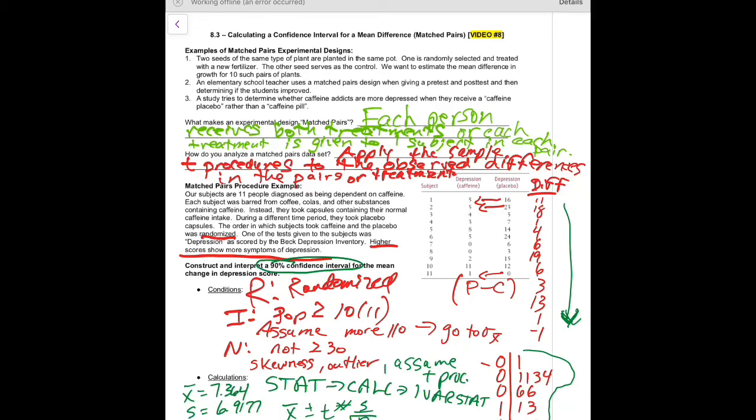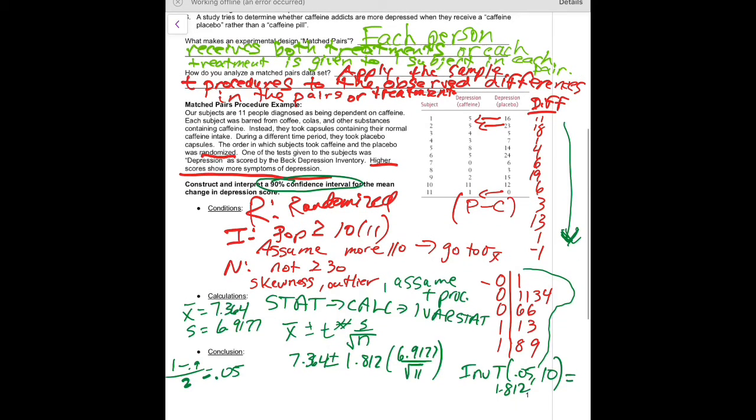All right. Anyway, you put all that in, you get two answers of 3.584 and 11.143. Okay. And finally, I'm going to say we are 90% confident that the mean difference, not that the mean, but the mean difference, or the change, from placebo to caffeine. Well, in this case, I'm going to write placebo minus caffeine.